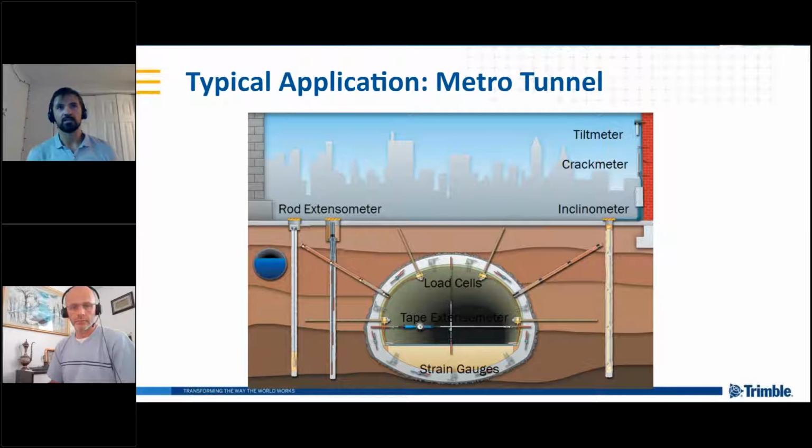Things like rod extensometers used to measure changes in length and position, as well as tilt and crack meters assessing how a crack is expanding or contracting, and load cells for understanding different loads and forces that are on the tunnel surface and so forth. So you'd see them in a lot of areas around the tunnel.